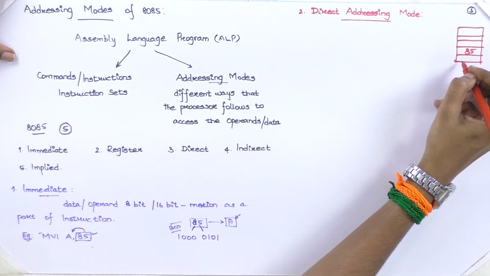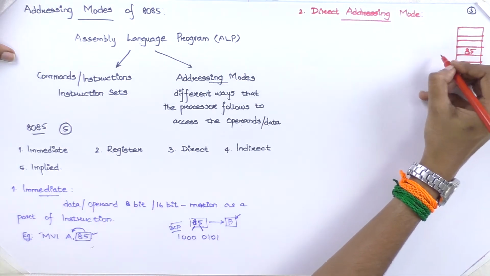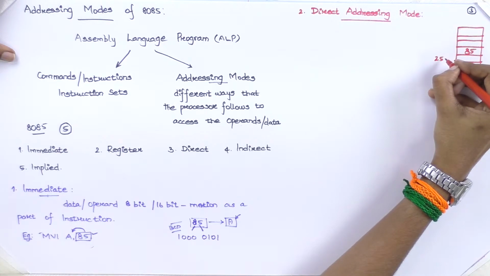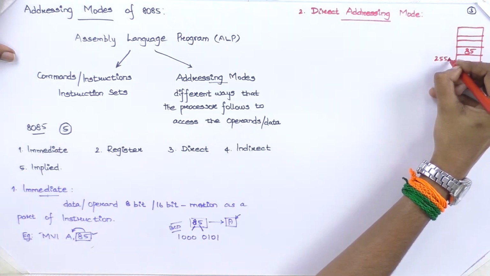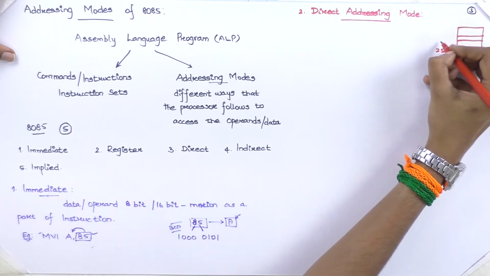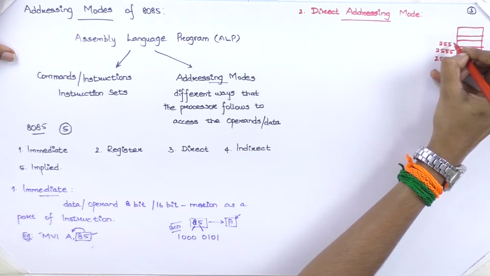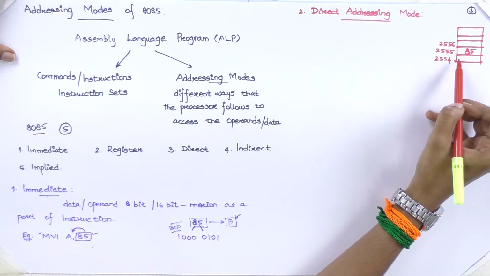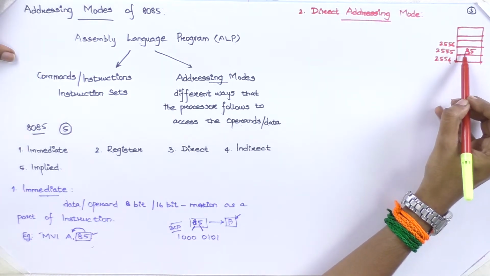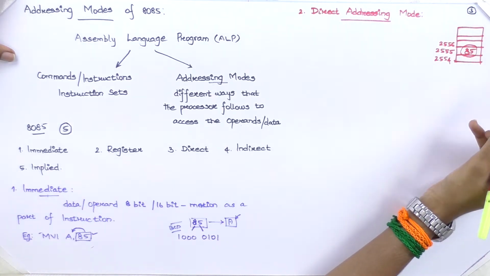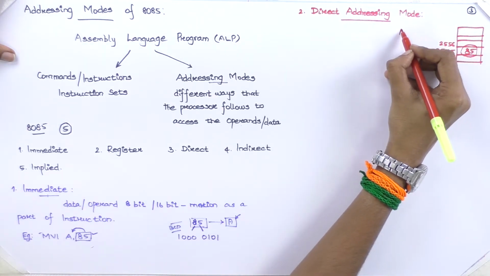Each and every location in the memory is represented by a 16-bit hexadecimal address. For example, this location has the address 2554. The next location address is 2555, the next is 2556, and likewise the stack will grow. Now what you have to do is move this 85 value into register A.